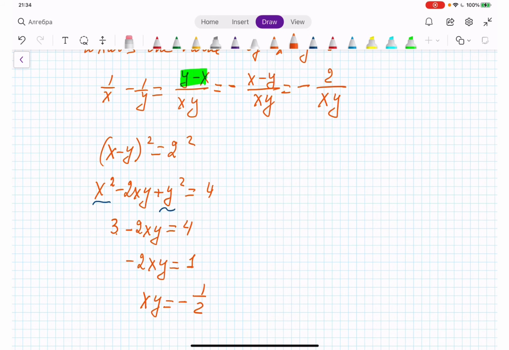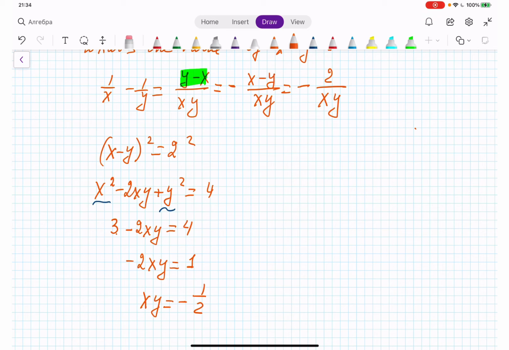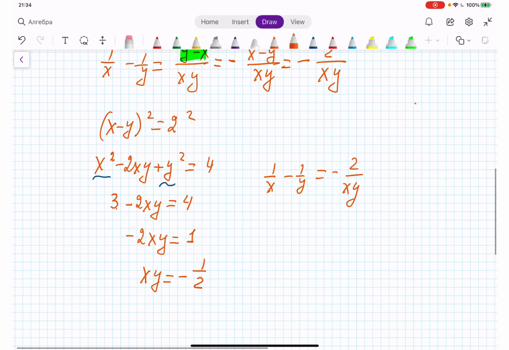So let me rewrite the piece that we have here: 1 over x minus 1 over y. So far we have negative 2 over xy, right? And I can write negative 2 over negative 1/2. Negative divided by negative is positive anyway.